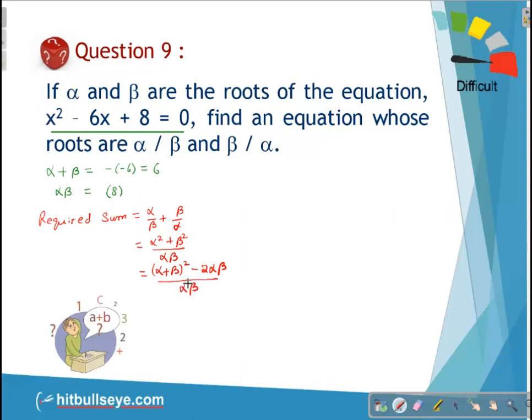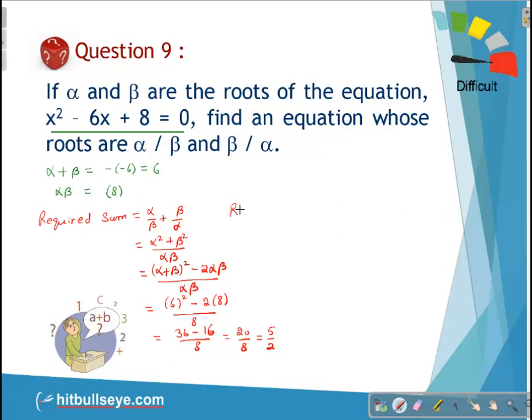We could have these values from the above equation as 6 whole square minus 2 times 8 by 8. That means 36 minus 16 by 8, or the value becomes 20 by 8, or cancelling with 4 it becomes 5 by 2.